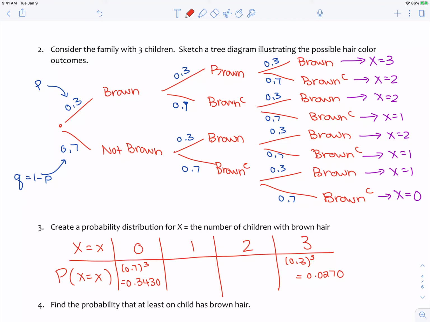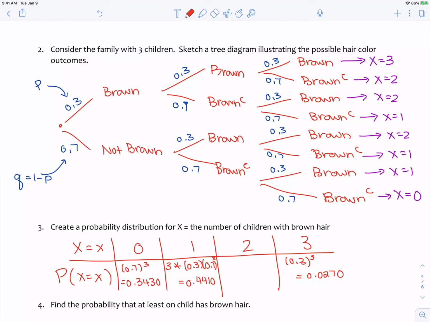It doesn't really matter the order when we're calculating the product. So this will be 3, the number of branches where we had 1 child with brown hair, times the probabilities along those branch segments, which is 1 success and 2 failures, so 0.3 times 0.7 squared, and that's going to be 0.4410.